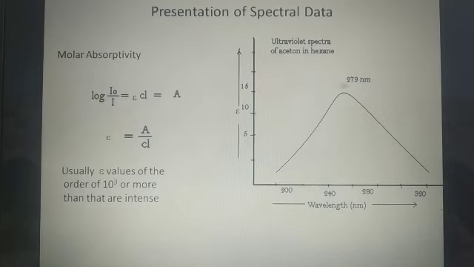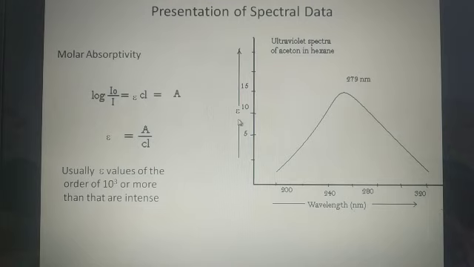Usually the spectrum is a broad peak, so it starts from 200 and ends here at 320 nanometers. That particular detail is of no use, and we never present the data this way. We only present the maximum wavelength. See here, at 279 there is a peak in the spectrum. Wherever the lambda max is, only that is presented with the epsilon value.